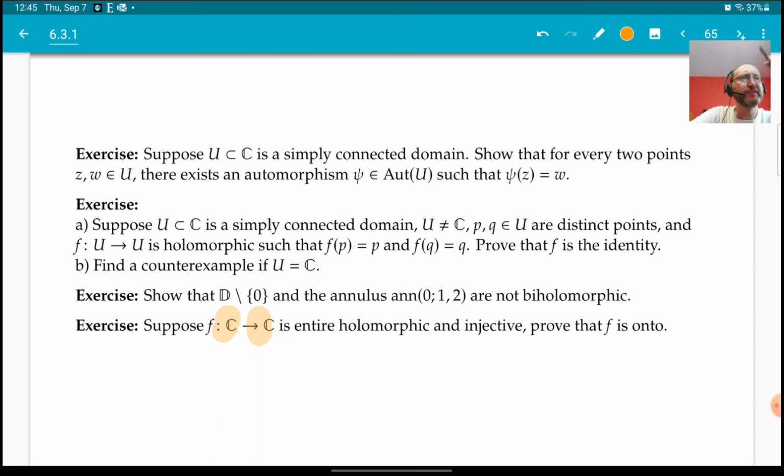It's a bit of an annoying thing to prove, and there are a bunch of ways to prove it. You don't have to, but you can use the Riemann mapping theorem to prove it. That's going to be the final thing we needed to prove one of the characterizations of what simply connected domains are.